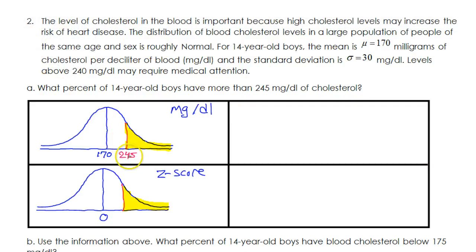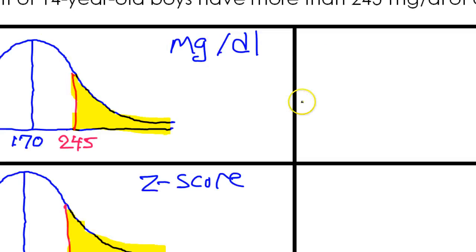So let's turn this 245 into a z-score. Our z-score is always going to be the value minus the mean divided by the standard deviation.